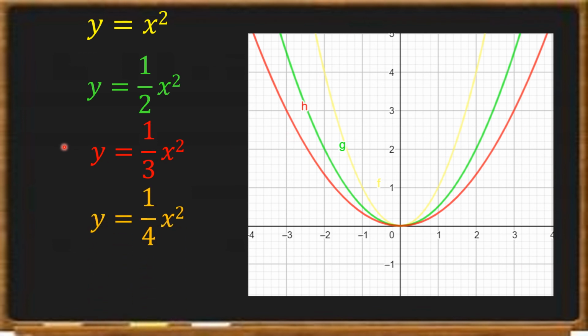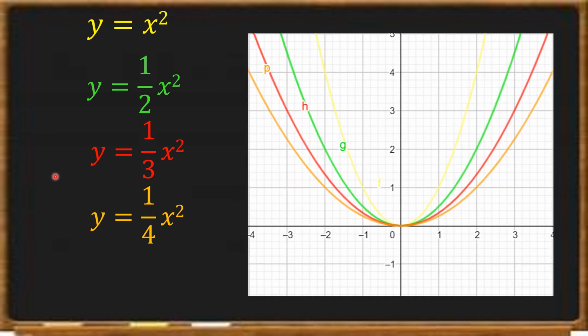Okay, gawin natin 1/4. So, y is equal to 1/4 x squared. So, mas mababa na to kaysa 1/3 kaysa 1 half. Okay, so ano mangyayari sa graph? Okay, so this orange parabola, ito na po yung widest among the four parabolas. Okay, so we have four graphs of parabola here.